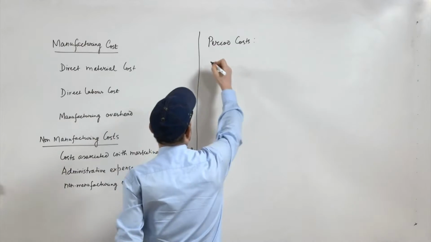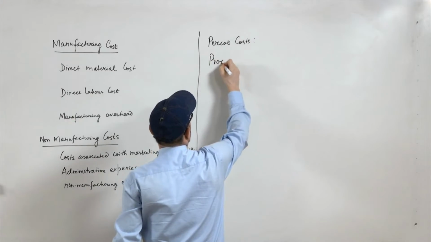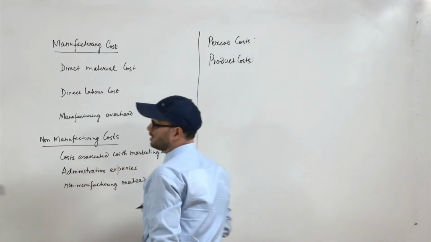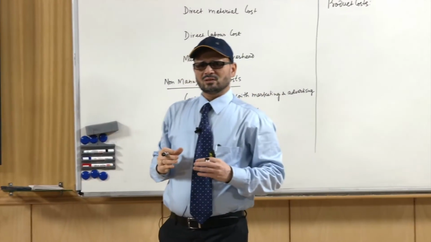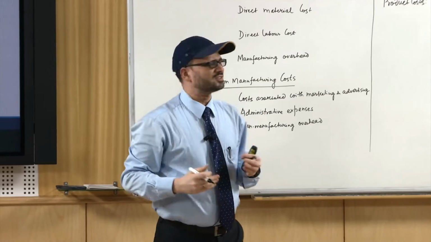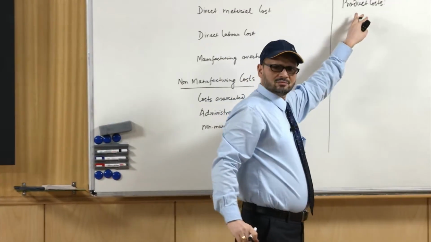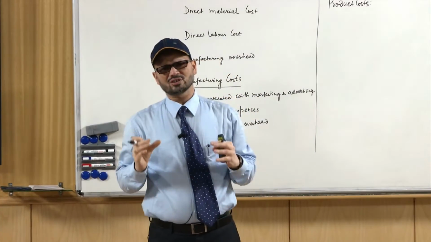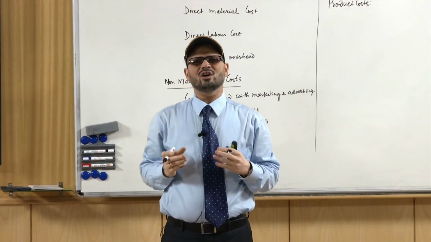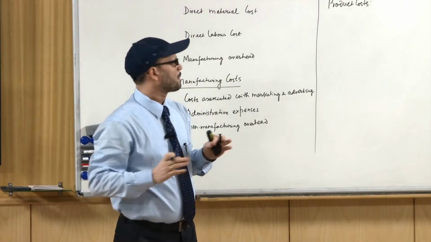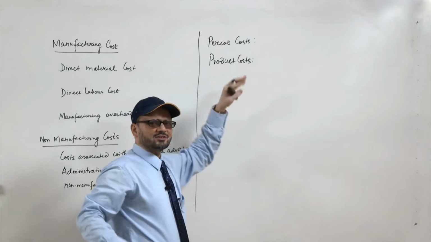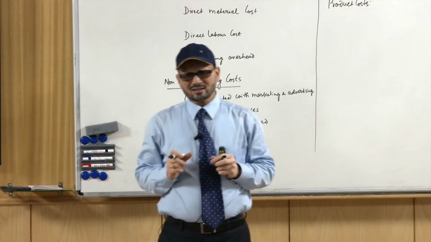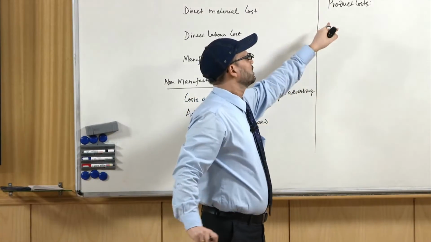Then we have product costs. These are the costs which are better expressed related to the product. All the costs related to direct labor cost or direct material cost are better expressed for the product, because they are ultimately going to be linked with the production of the product, and that is why they are known as product cost.